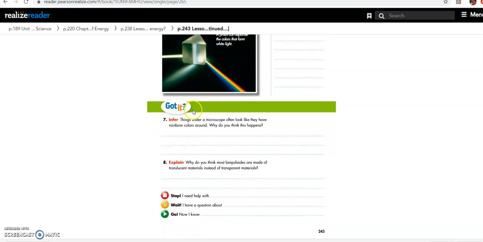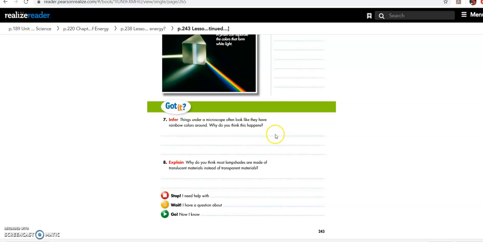Okay, got it? Let's look at questions 7 and 8. 7, it says, infer. Things under a microscope often look like they have rainbow colors around. Why do you think this happens? Well, microscopes have lenses that refract light or bend light.